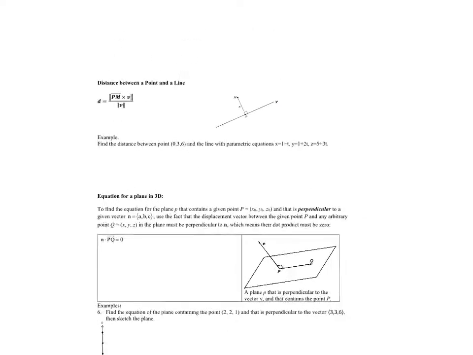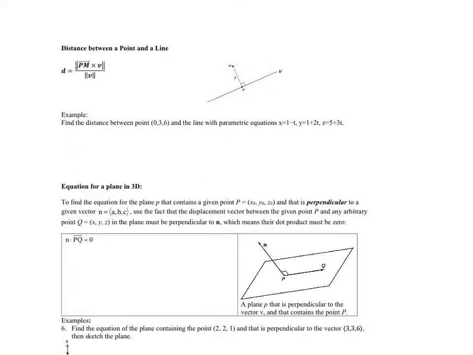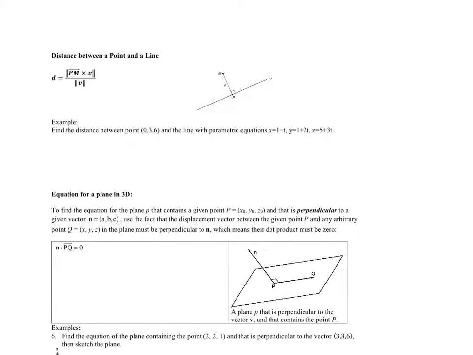Okay, so distance between a point and a line. We just found the intersection between a point and a line, so now we have the distance between the point and the line. The definition of this is fairly straightforward.